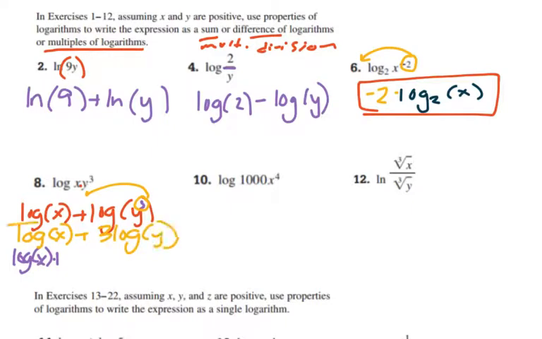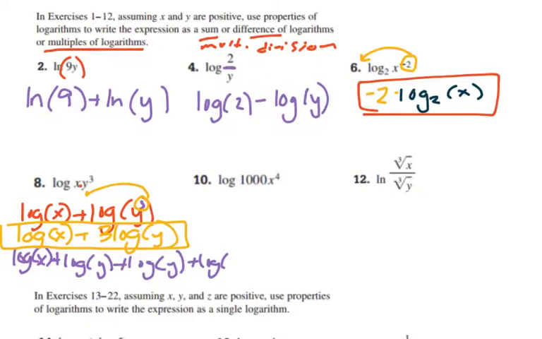And that's where I would stop, but because of that, you can actually have plus log of y plus log of y plus another log of y, because of course there are 3 of them. So, either way, that's a little extreme, but hey.